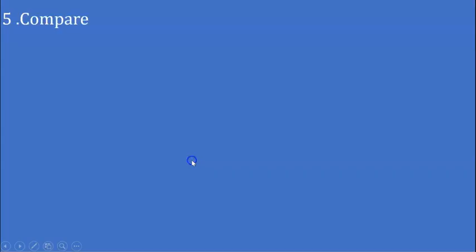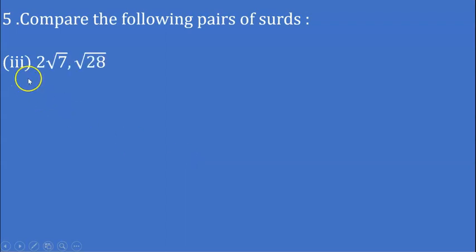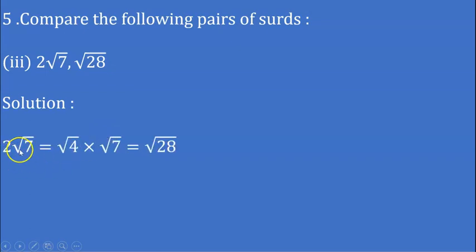Next, 2 root 7 and root of 28. Now 2 can be written as root of 4, so 2 root 7 is root of 4 into root 7.